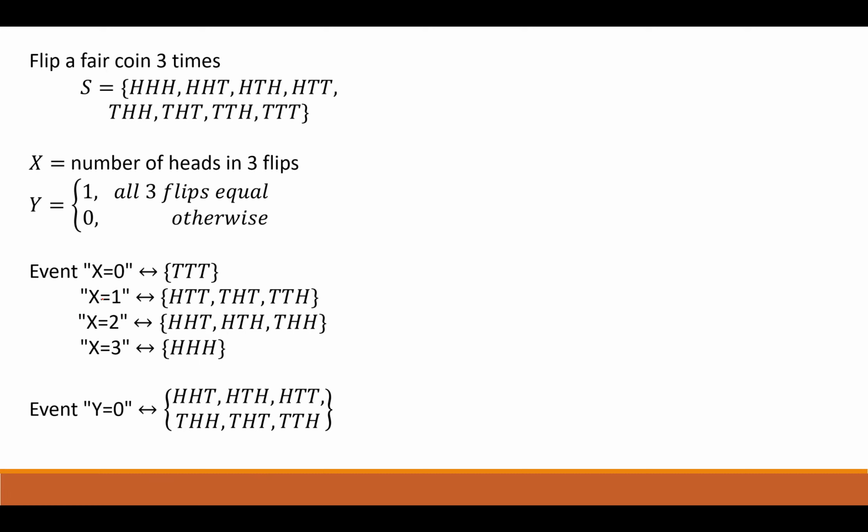Each of them maps to some outcome, or, in some sense, that outcome maps to that value. And I can do the same thing for Y. I can list out all of the non-empty events associated with my random variable Y. So Y equals 0 is associated with all these outcomes. And Y equals 1 is these two outcomes. So now I've defined all my non-empty events that are associated with Y and X.